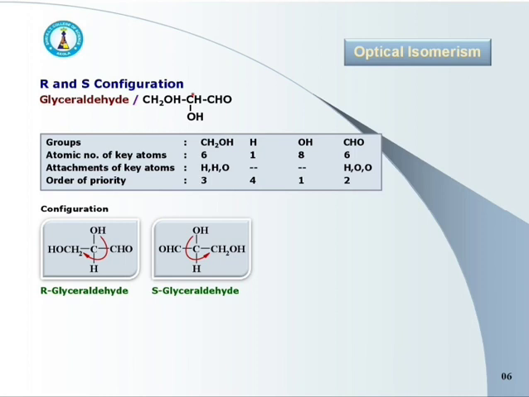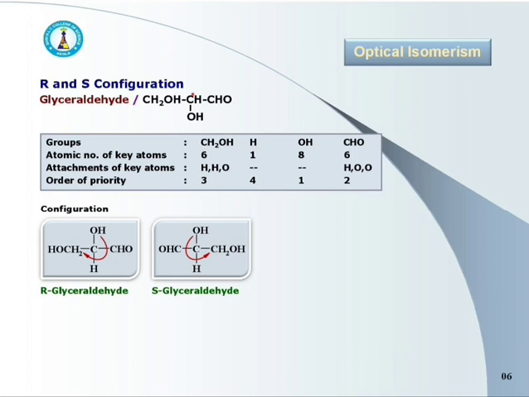In CHO, oxygen is doubly bonded to the key carbon, and hence we have to consider two attachments of oxygen separately. Now, as the attachments of the group CHO are of higher atomic numbers than the CH2OH group, the CHO group has second priority, whereas the CH2OH group has third priority.